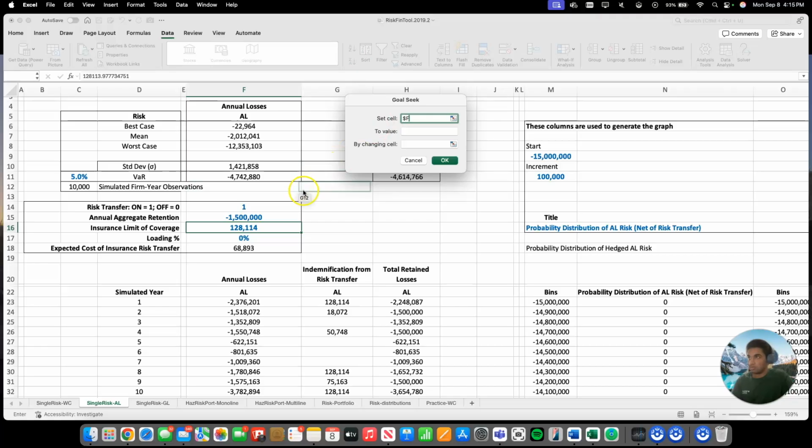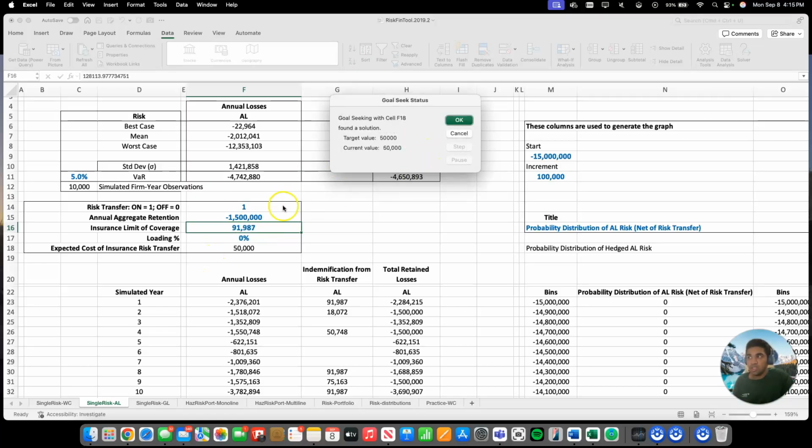This number is 50,000. And we're going to change this one. You could see that we don't get enough coverage for the mean. You can see that this is 2 million, 2.01 million, and we're getting only about 1.6 million worth of coverage, technically, retention plus the coverage, and that's not enough.